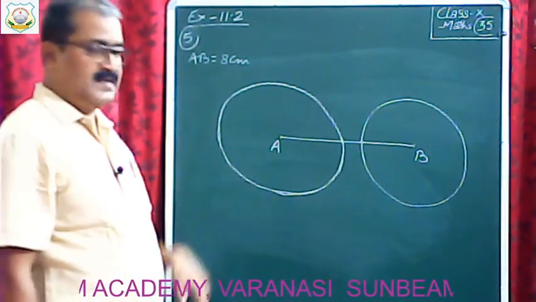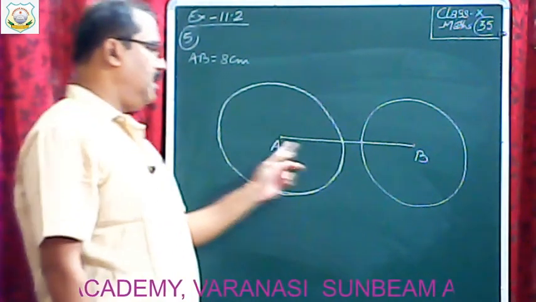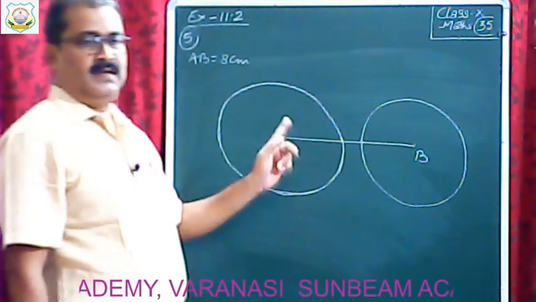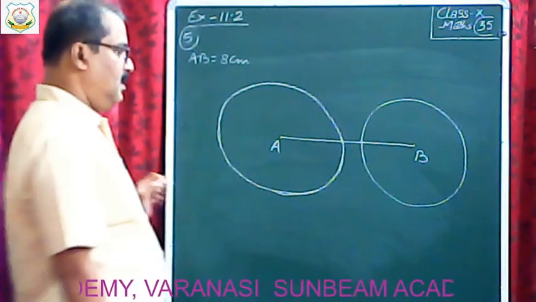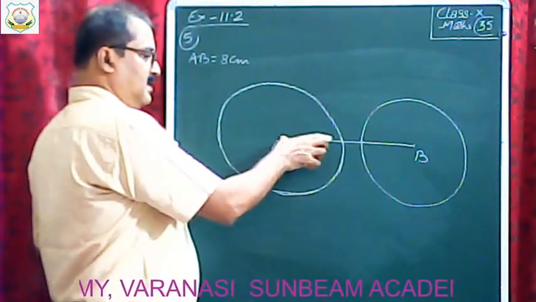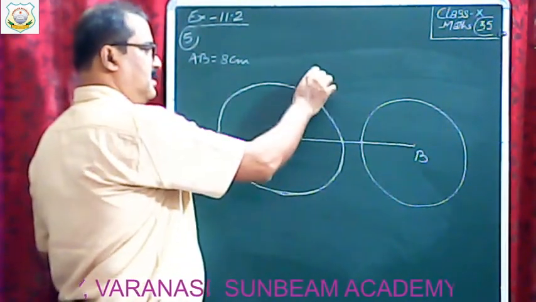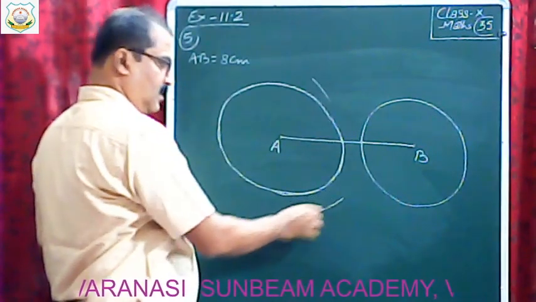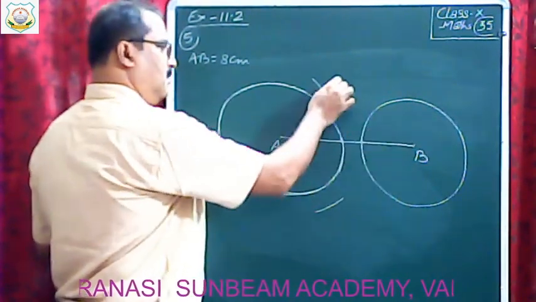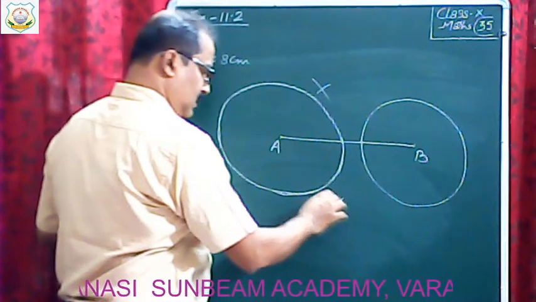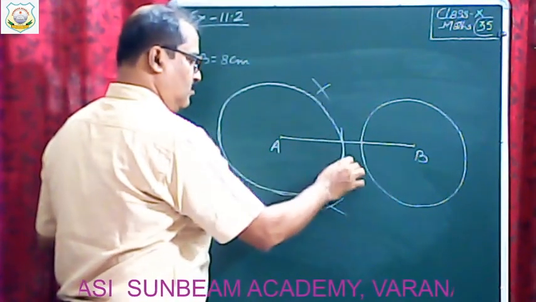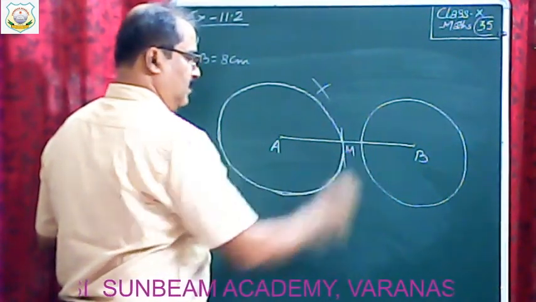Means you have to draw the perpendicular bisector of AB and mark the midpoint of AB. So taking A as center and more than half of the length as radius, draw arcs either side of AB. From B also you have to draw arcs either side with the same radius, as you know. So M is the midpoint of AB.